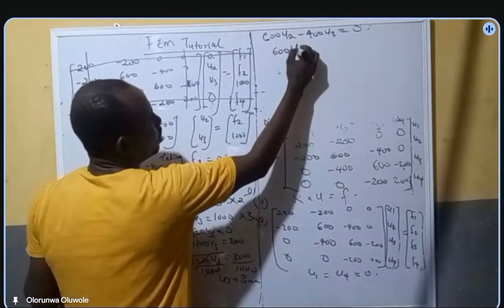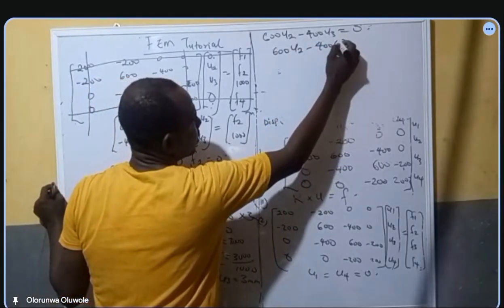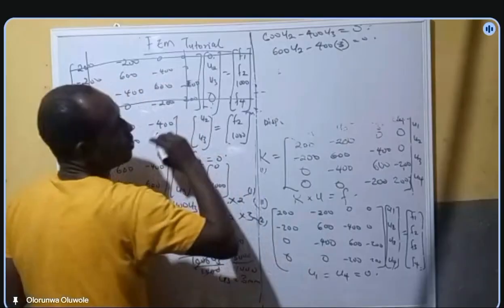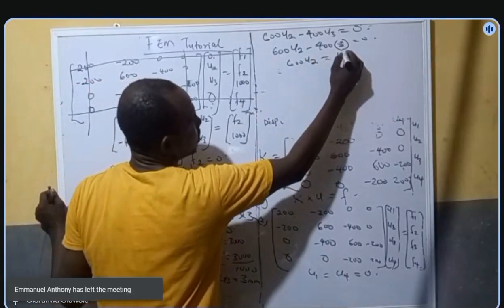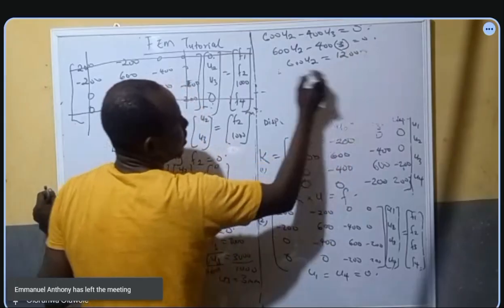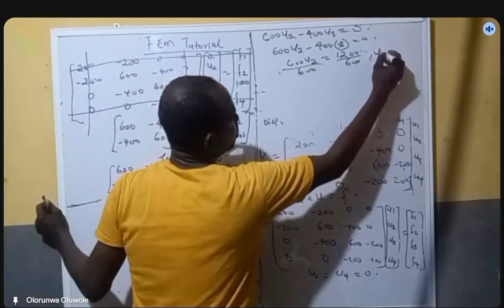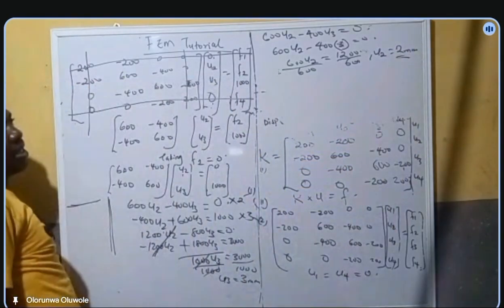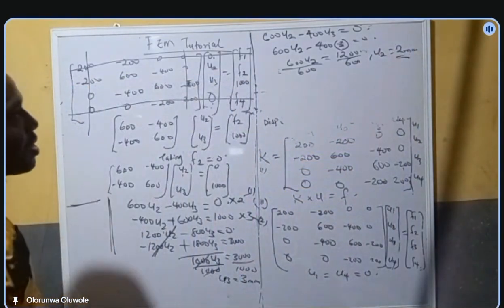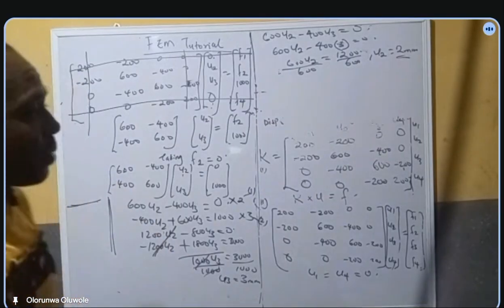Then 600 U2 minus 400 brackets 3 equals 0. So I have 600 U2 equals 1200. Divide both sides by 600 and U2 equals 2 mm. So those are the displacements at node 2 and node 3, and that's very, very simple.